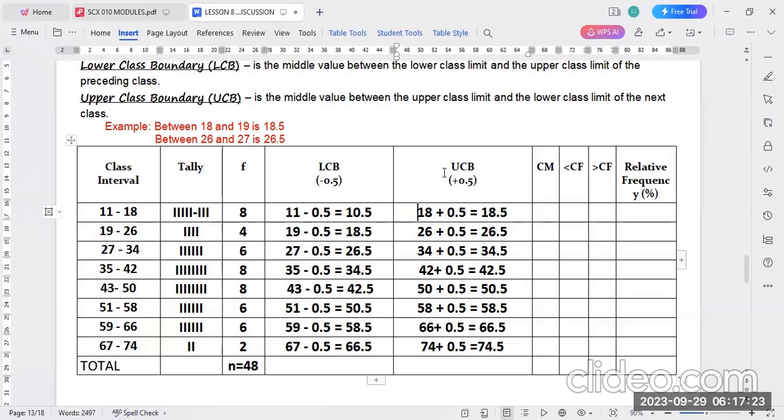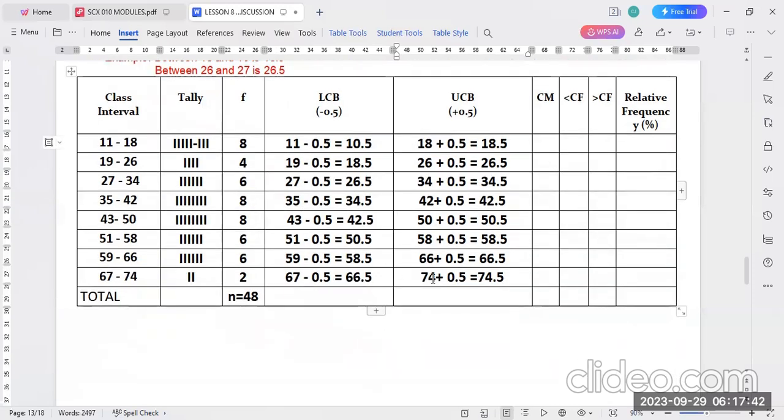So, the upper class limit, so this is upper class boundary. So, upper to upper. 18, 26, 34, 42, 50, 58, 66, and 74. Just add 0.5. So, we have 18 plus 0.5, that's 18.5. 26 plus 0.5, 26.5 hanggang kay 74.